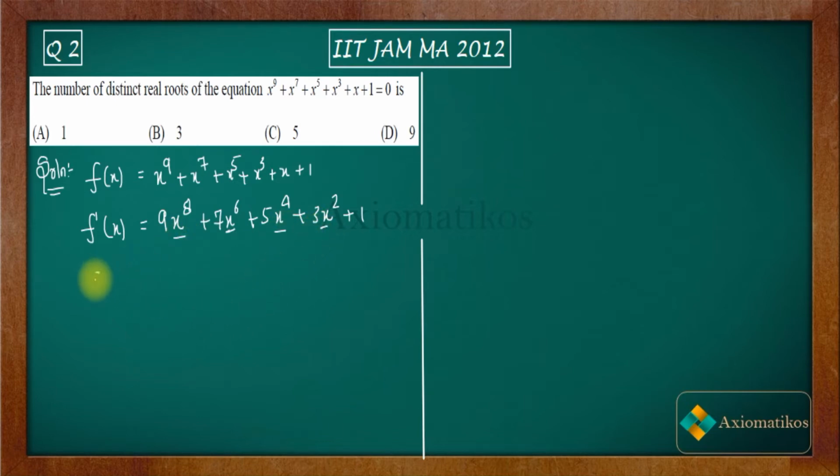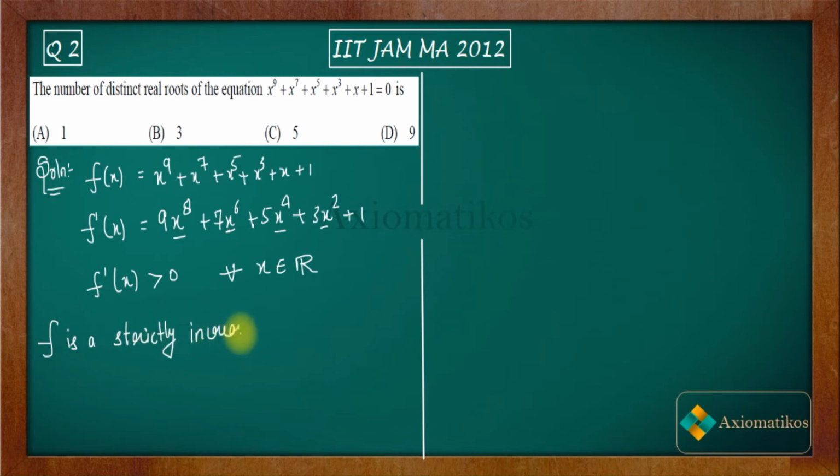That means this f dash x is always greater than 0 for all x belongs to R. So finally what we have proved here is that f is a strictly increasing function.